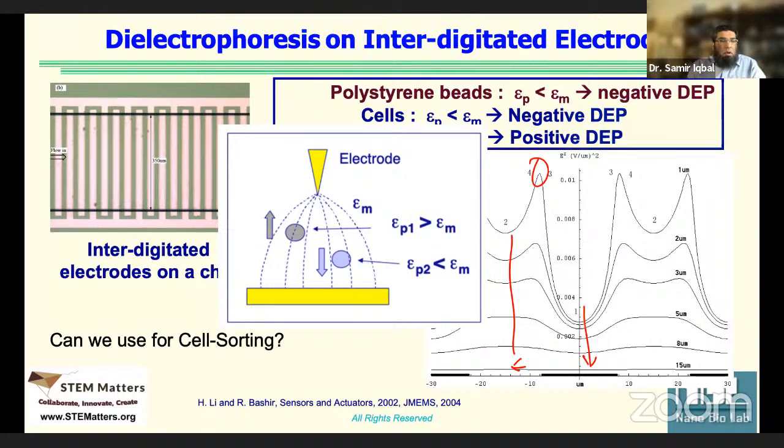That can be used to sort living things, bacteria, based on their dielectric properties. So dielectrophoresis is the process we use to do that. Here we would have to know how much charge, how much potential would be required to separate out one cell from another type of cell.